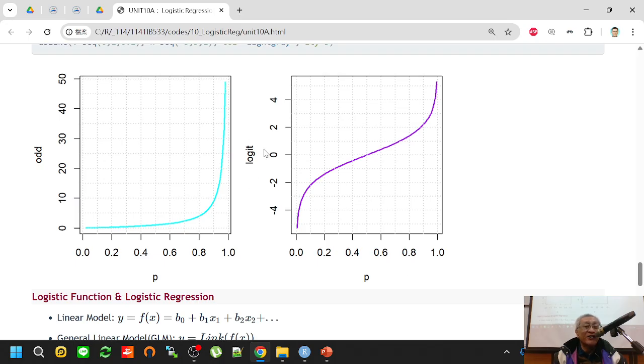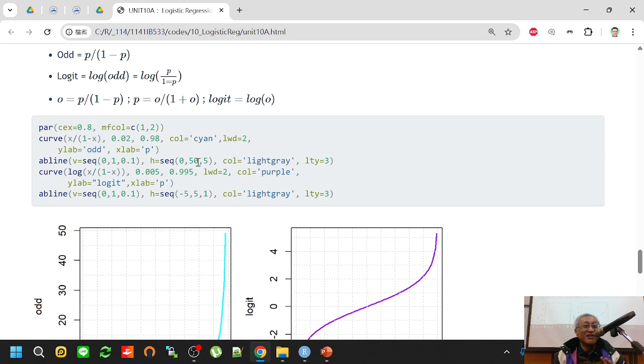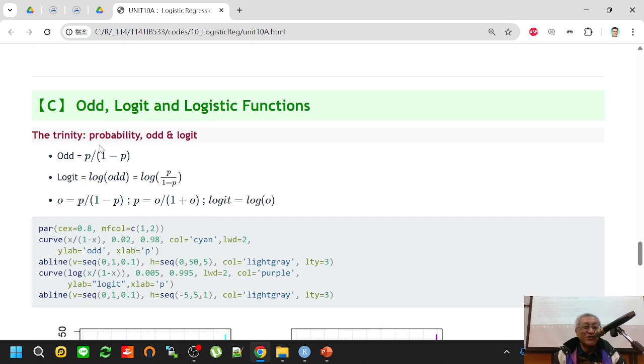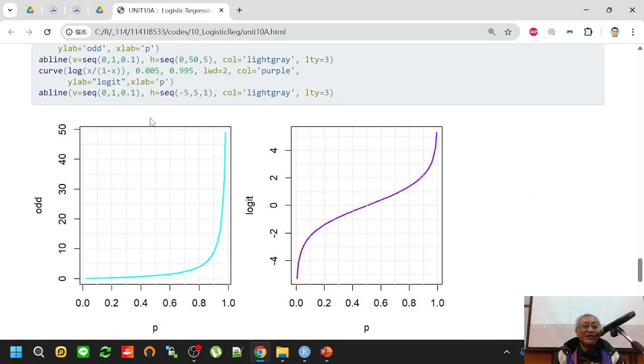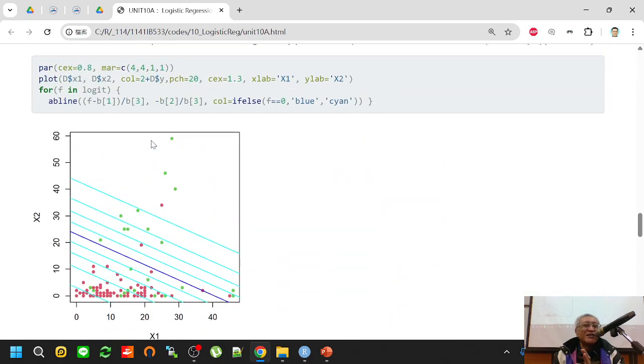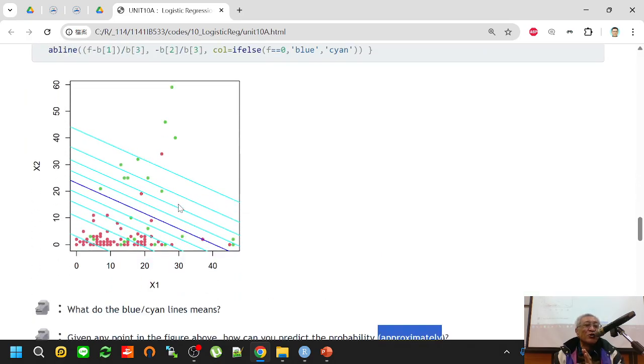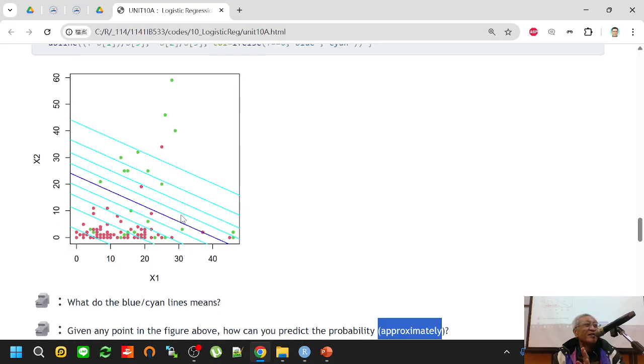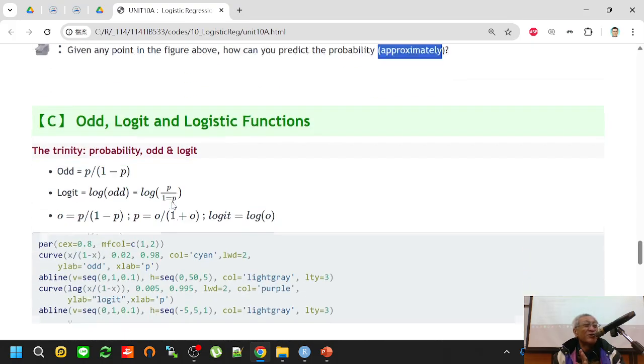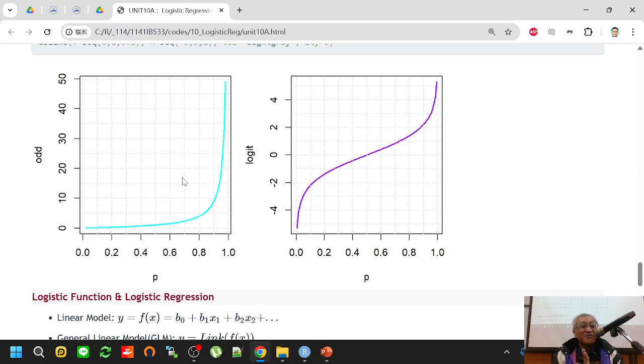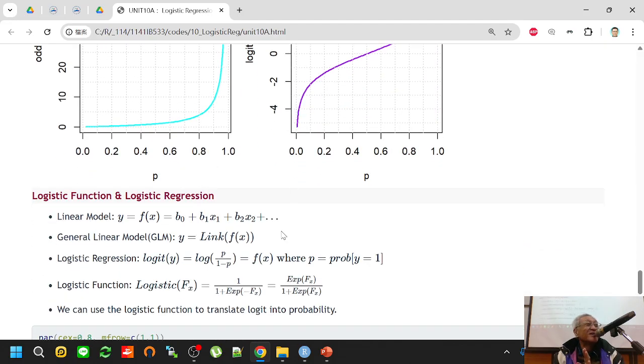The range of log is actually from negative infinity to infinity, okay? So that is this mathematical formulation, and I try to visualize all of these mathematical equations in charts, right? Because we have R, it's kind of easy to do this, okay?